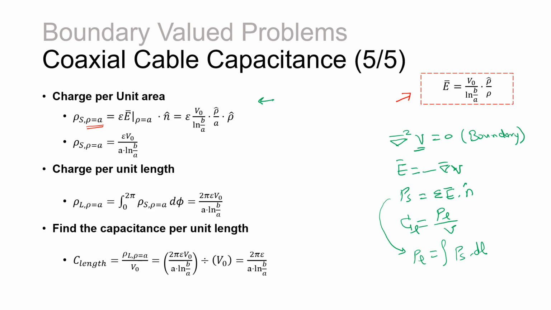We need also to substitute this rho with a. Doing so, we will have rho hat multiplied by rho hat, and this is nothing but 1 because this is a dot product of the same vector. Then we need to reformulate, and finally we will find that rho S equals epsilon V naught over a ln b over a.